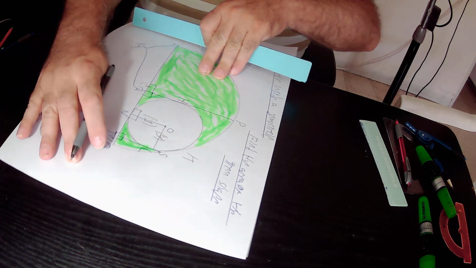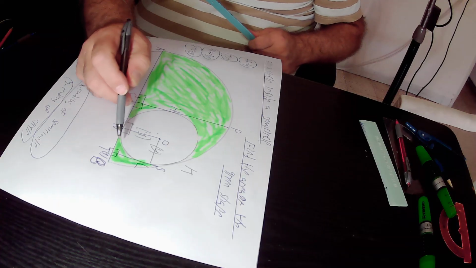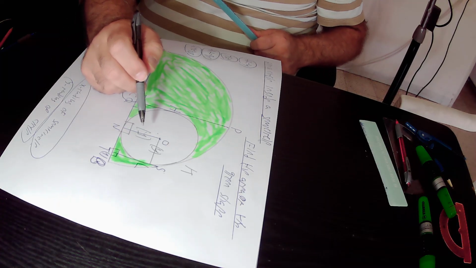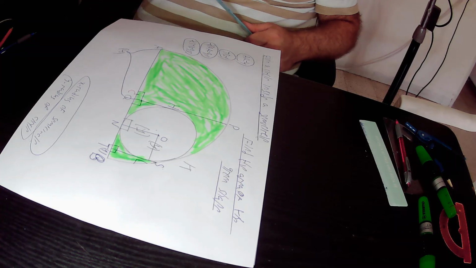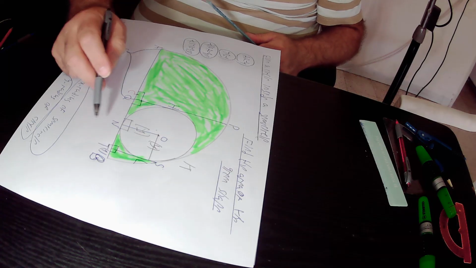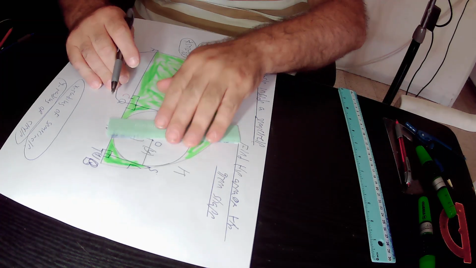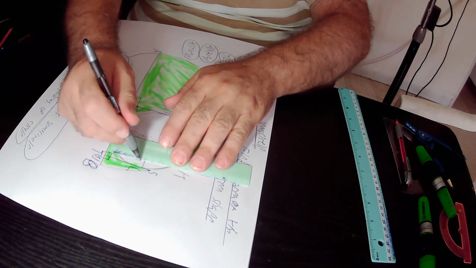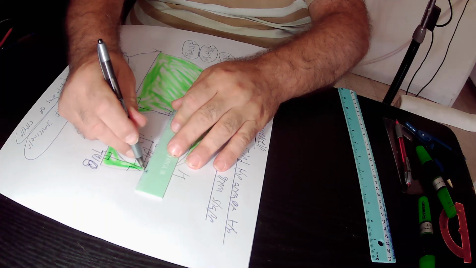The radius OL is drawn to point L, that is the point of tangency of tangent ST with this small circle. And whenever a radius is drawn to the point of tangency, then tangent ST will be perpendicular to the radius LO. If ST is perpendicular to LO, it means that this angle equals 90 degrees, and this angle also equals 90 degrees according to rule 1.